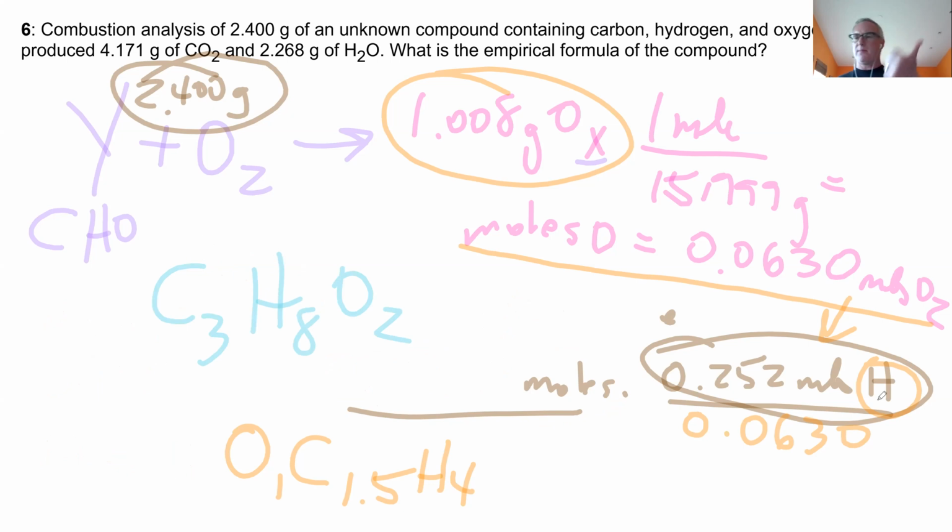You normally put the carbon first, the hydrogen second, and the oxygen last. You could write them in any order and you won't be wrong, but in general, chemists put the carbon first, the hydrogen second, and the oxygen last. So C3H8O2.